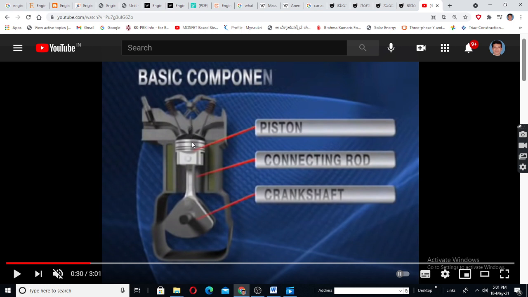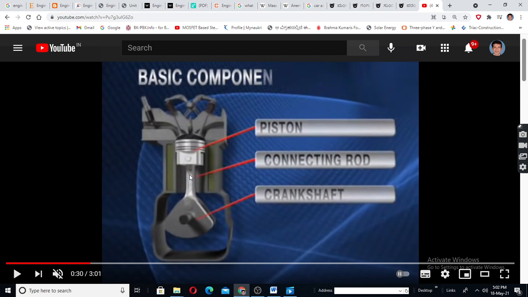In the middle, we have the spark plug. At the input, we will get a mixture of air and petrol, meaning fuel. This is the cylinder and piston, connecting rod, crankshaft, and this is the crank. Crank is part of it; it can be a wheel or a shaft or any shape. There should be a connection between the shaft and rod.